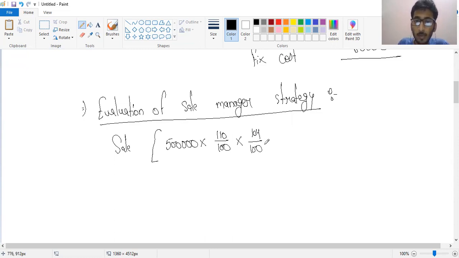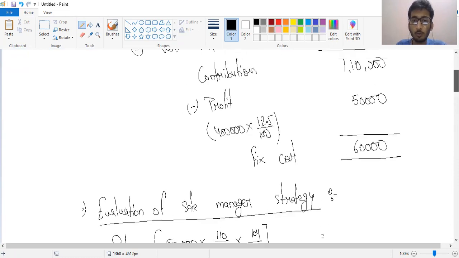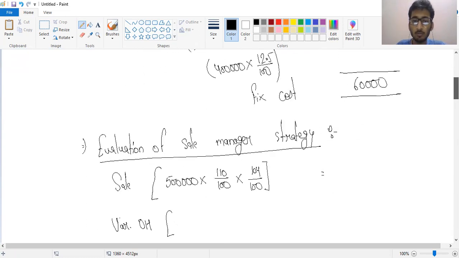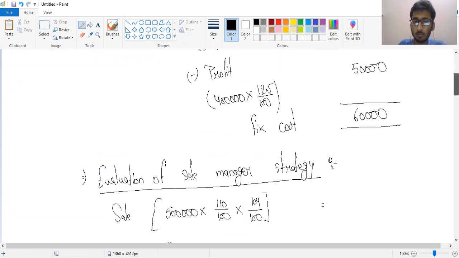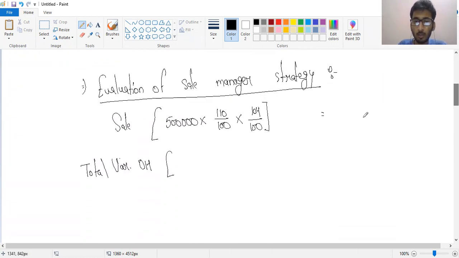If I increase the sale price as well by 4%, and what is it saying about material or variable overhead cost? Let me write variable overhead, total variable, it is 250 plus 40,000.